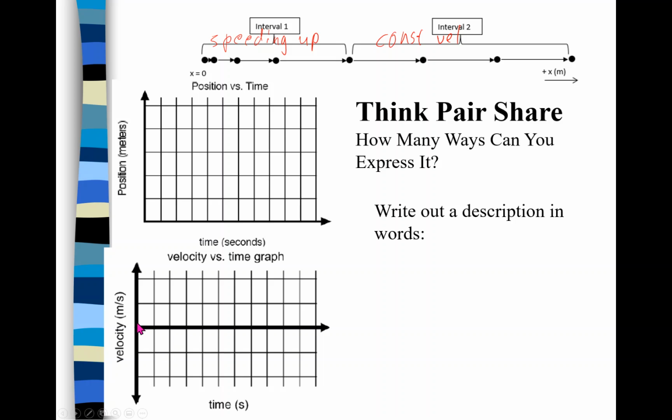So for the velocity time graph, for the first half, approximately, I am going to be increasing my velocity. So I started at 0. Where's my mouse? Here we are. I'm starting at 0, and I am increasing my velocity. There. And then that was for this section over here.